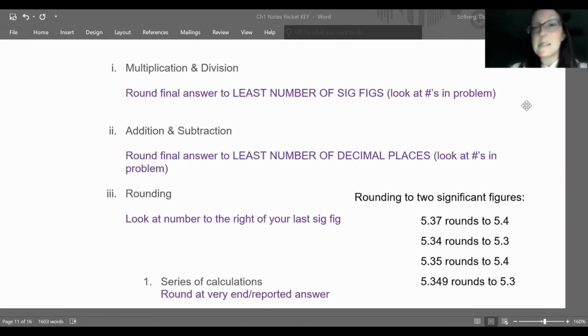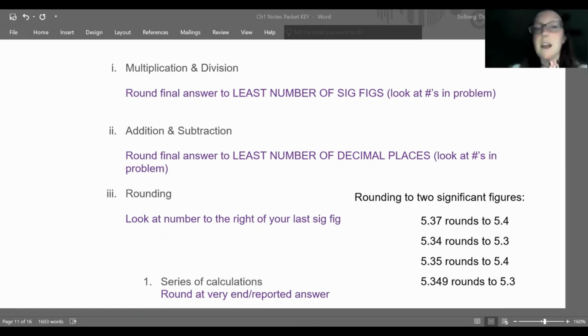Whichever one has the least number of significant figures, that's the same amount of significant figures that your answer should have. Okay, same thing in the lab. If you're making measurements, your final answer, if I asked you to find the density of something, should have the same number of significant figures as your measurement that had the least significant figures, the one that was the worst.